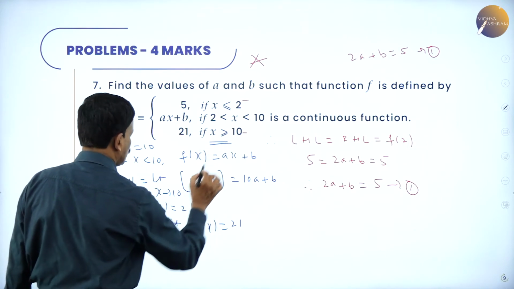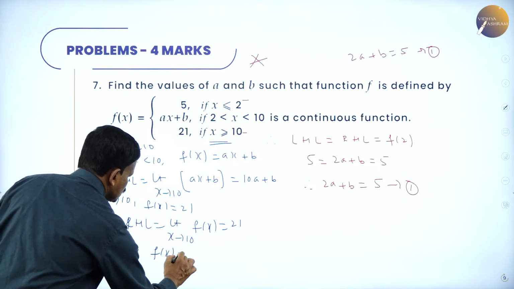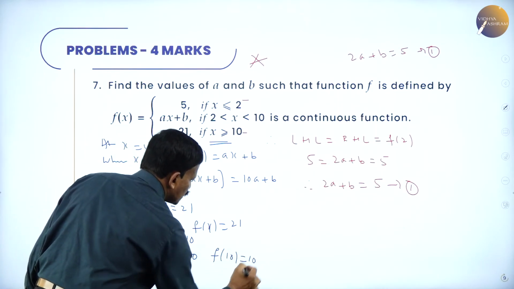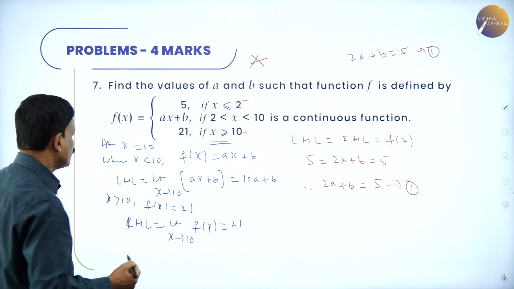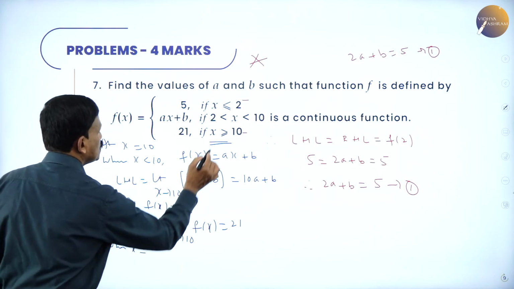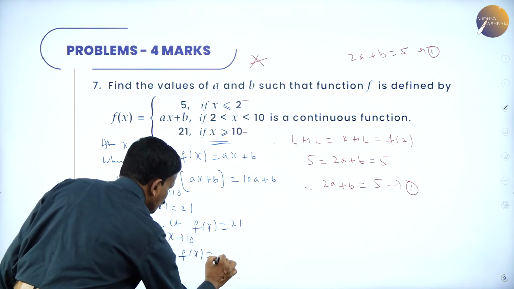So right hand limit is equal to 21 and the functional value at x is equal to 10, f of x is defined to be 21.